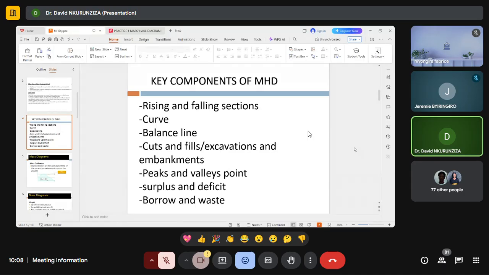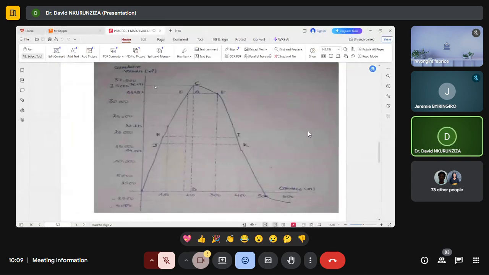So the curve of the mass haul diagram is a continuous smooth line that represents the cumulative volume of earthwork along the project. And that line will be giving you the information, of course, at each point. For example, if we come back to this curve, of course, this example was done by students.